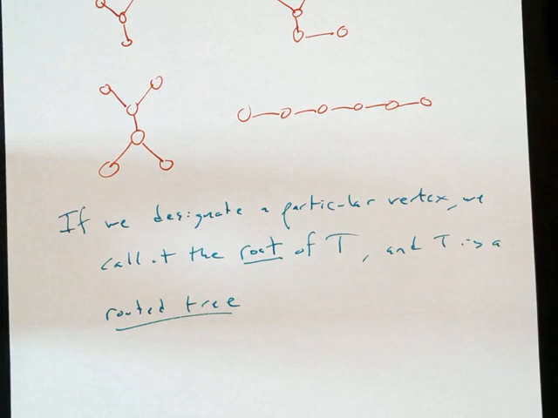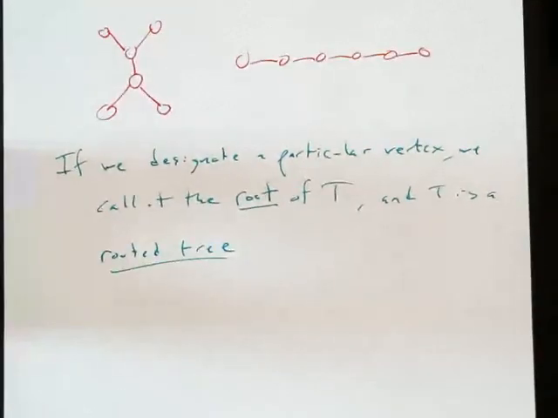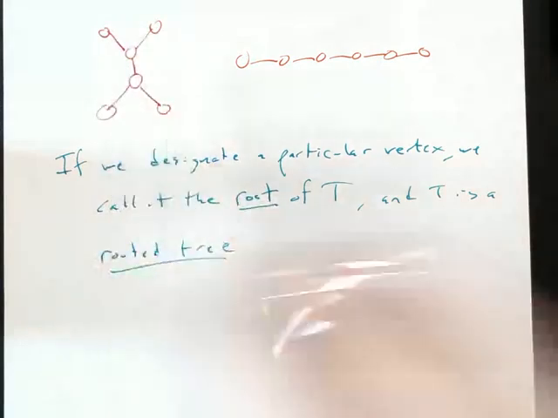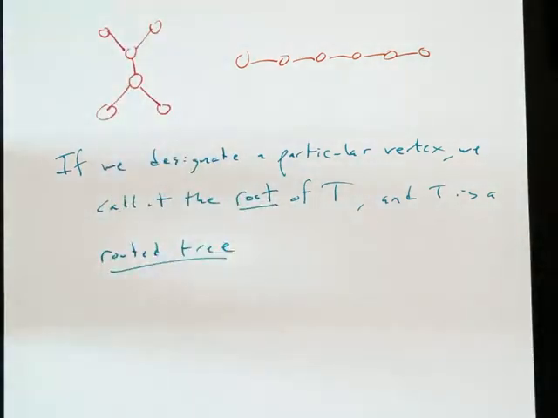The same tree can be rooted in many different ways. I could take that double star there, the one on the left, and I could pick any of those to be the root. But if I picked any of the outside 4 to be the root, all 4 of those would be isomorphic, wouldn't they?